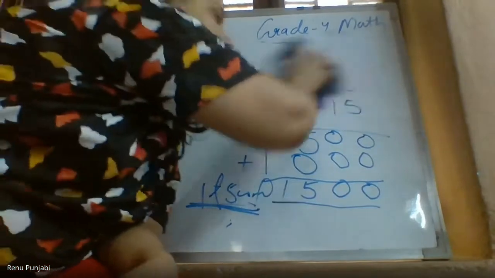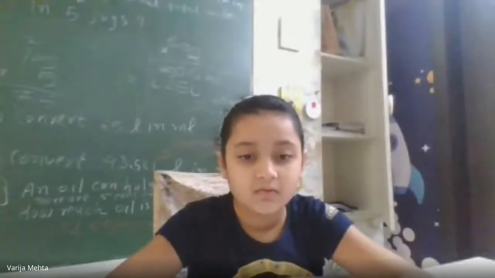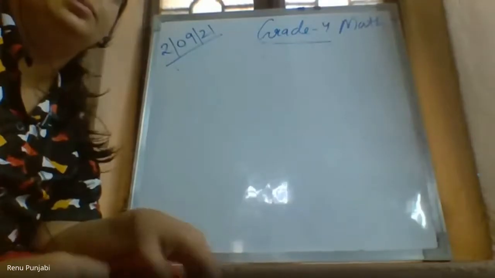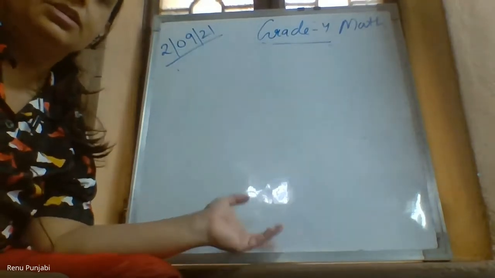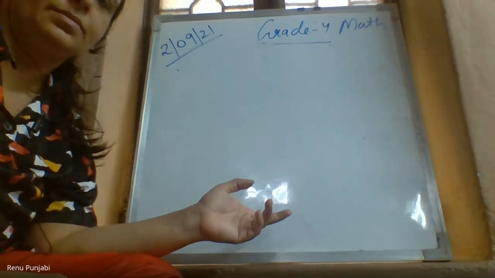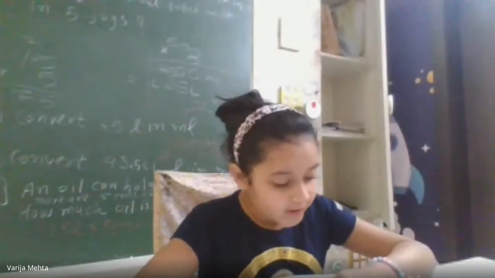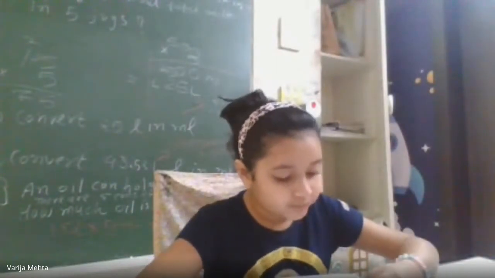Next child. One more child will give, and then I will give you a chance. Yes, Avarija. Arnav, I will give after this. Yes, Avarija, please start. A drum contains 52 liters and 12 ml of water.